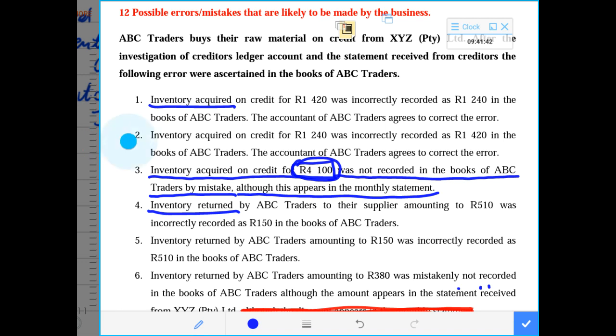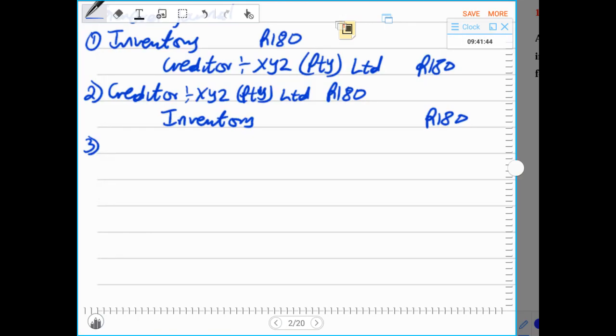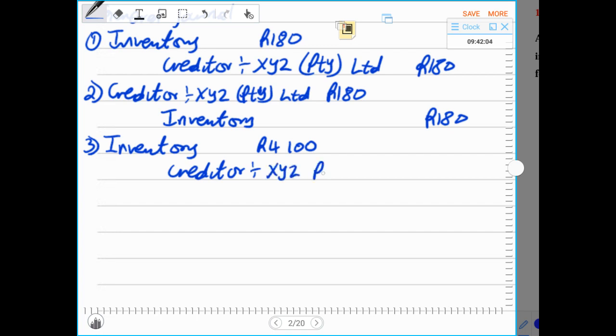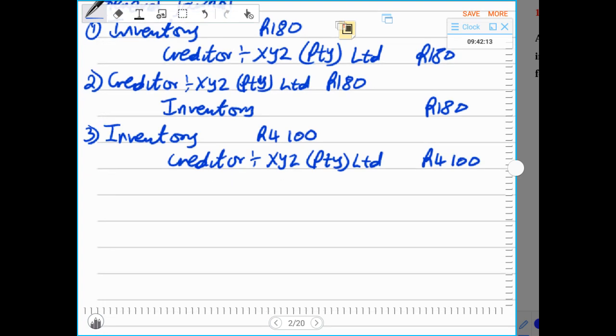So the minute it is not recorded, we just have to record the inventory because it was not recorded. And recording the inventory will be debiting inventory. Remember, it's inventory that we bought, 4,100, and we increase our creditor because it was bought on credit, XYZ Pty Ltd, and this is 4,100 rands.